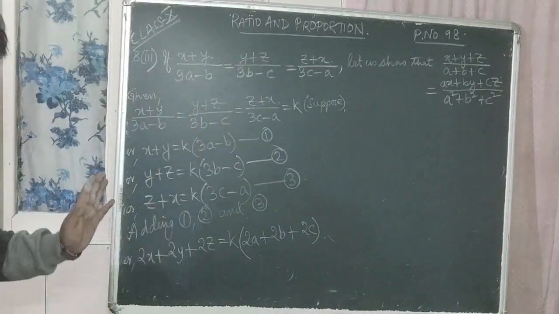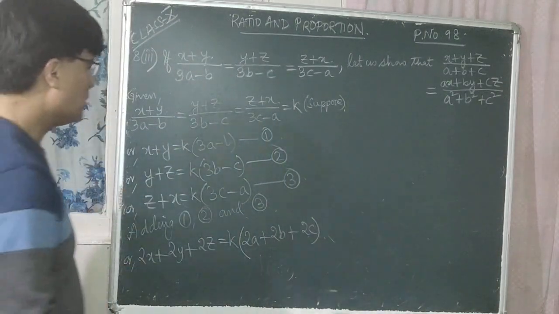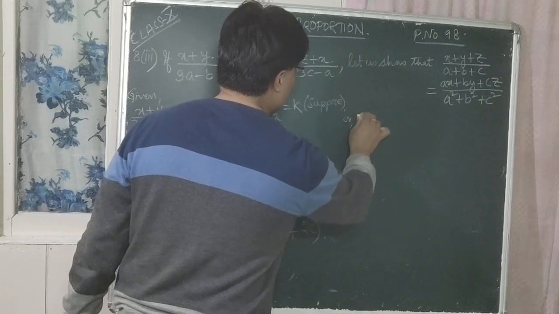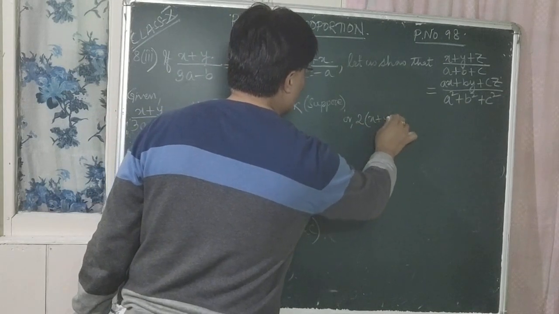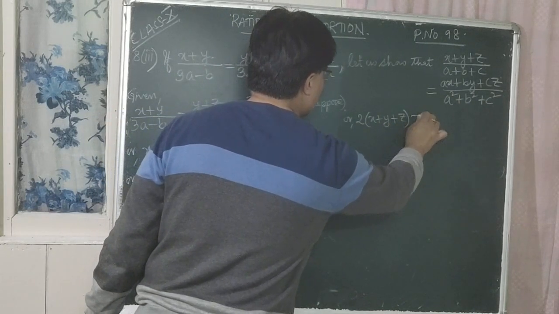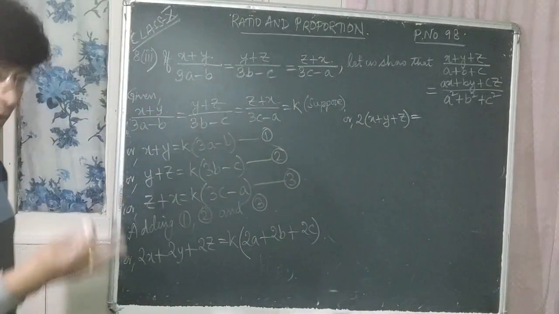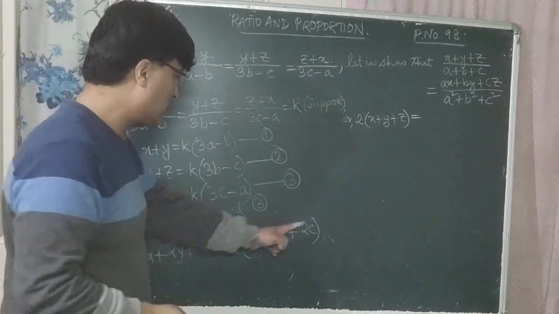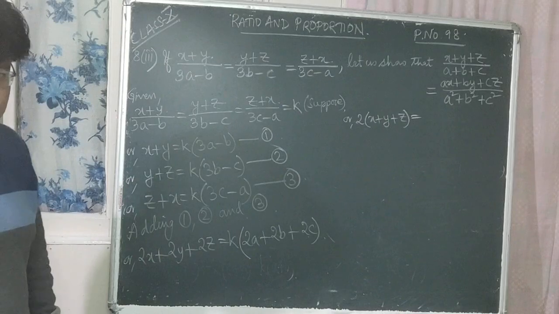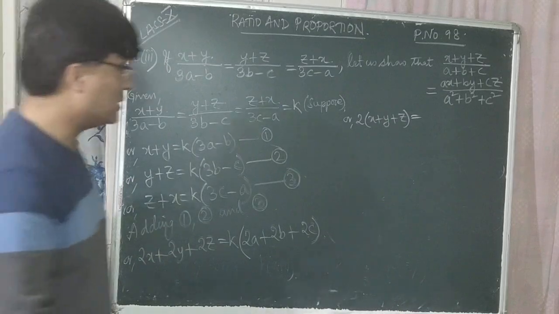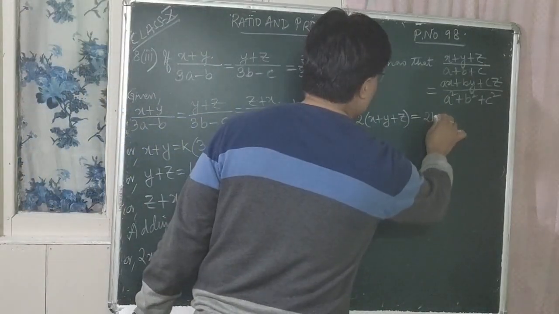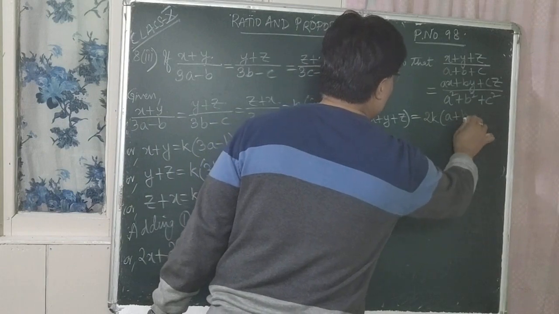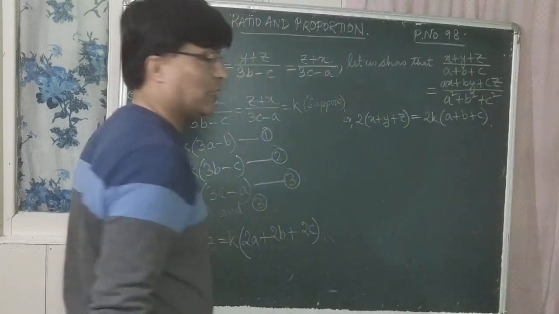So I think you have understood it. What is common on the left hand side? 2 is common: 2 into x plus y plus z is equal to, on the right hand side, 2k, with a plus b plus c within the bracket.